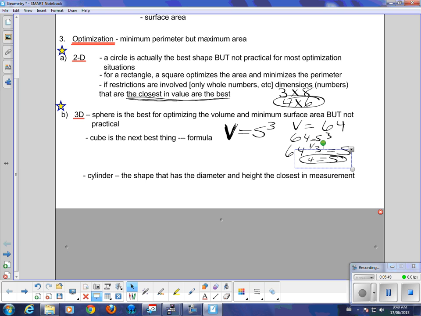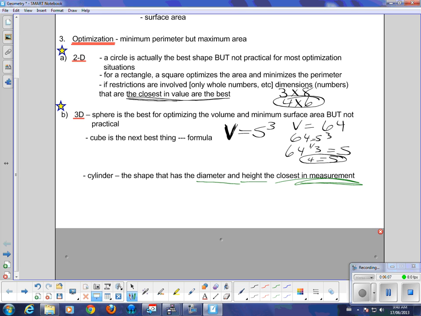And the last thing too that is a possibility is the next shape would be a cylinder. And for a cylinder, what we want is a shape where the diameter and height are the closest in measurement. Okay, that will create optimization.